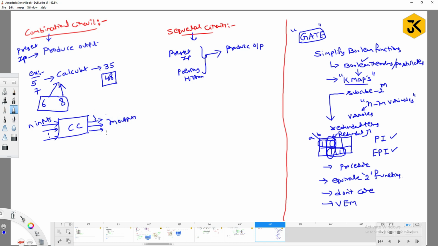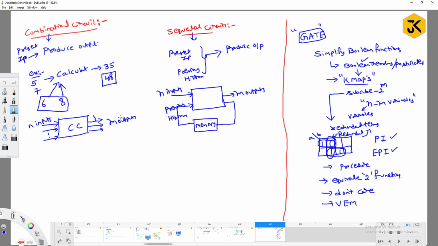Whereas a sequential circuit is also going to produce m outputs and take n inputs, but this output depends not only on these inputs but also on the previous history. Meaning the history is stored in the memory. This is the simple circuit which we can define as a sequential circuit.